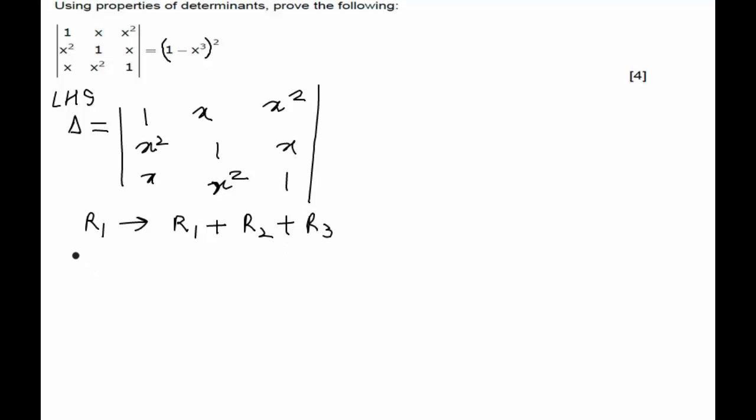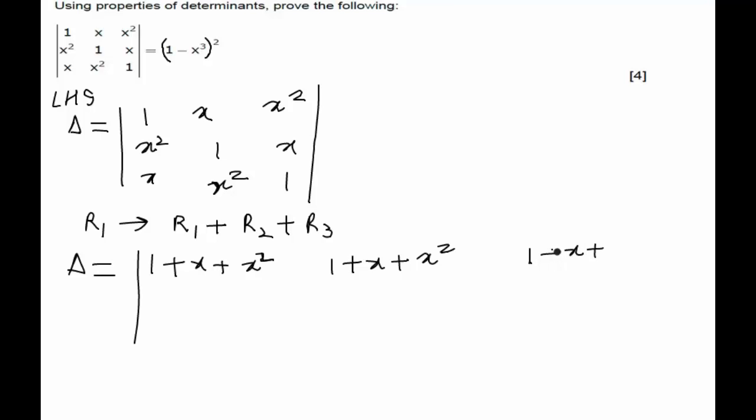This gives me delta is equal to 1 plus x² again, 1 plus x² again, and 1 plus x² again, and the other two rows are constant.